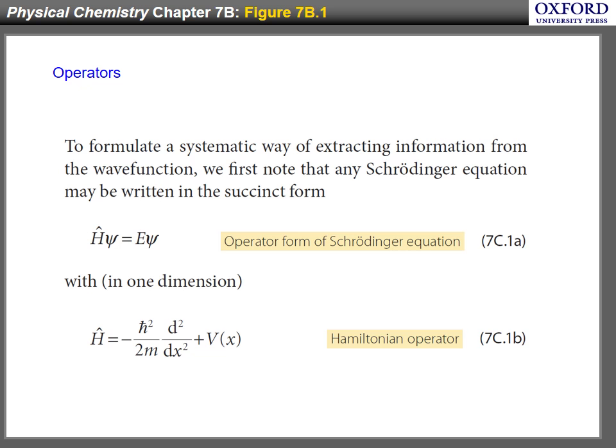We do this to come up with a systematic way of obtaining information about the wave function. With operators, we can rewrite the Schrodinger equation in this particular form. This is an operator form of the Schrodinger equation. And if we go a step further and write this for a one-dimensional system, it takes the form of the Hamilton operator.